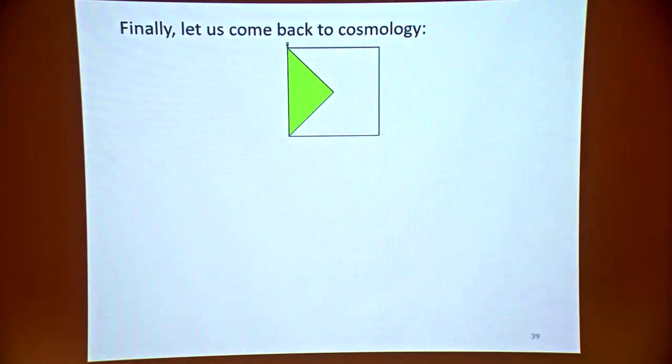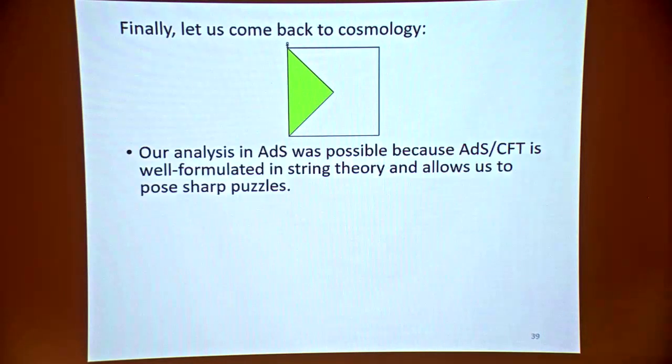Finally, let me also come back to cosmology, because I think this is a really important thing that we should keep in mind. So this is our universe, and we're over here, and we have a cosmological horizon. Today, we did some analysis in AdS, which is not our universe. But the analysis was possible because we understand AdS/CFT to a great amount of accuracy.